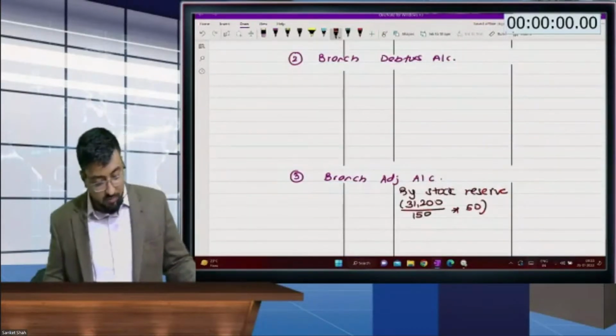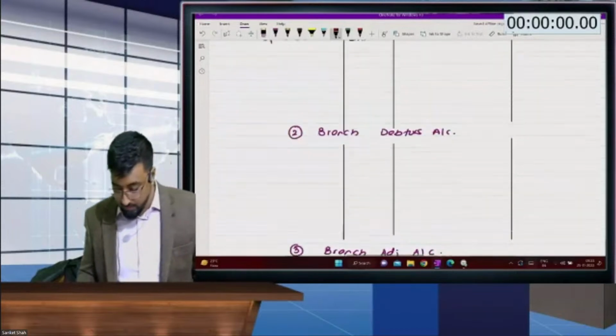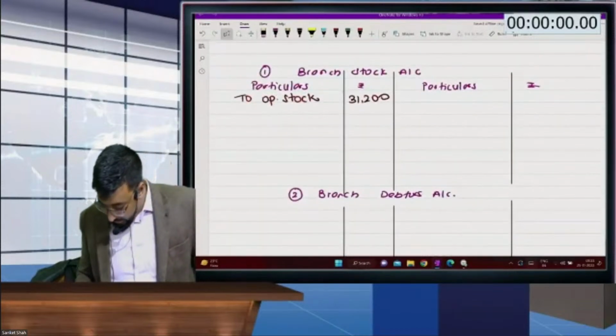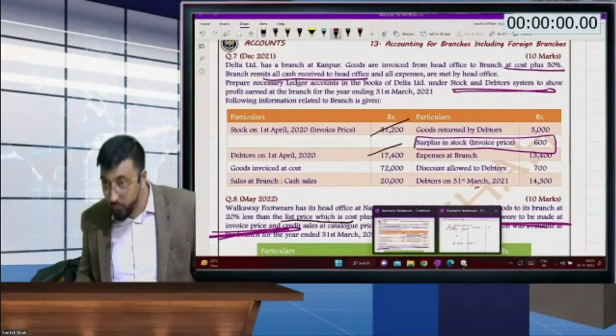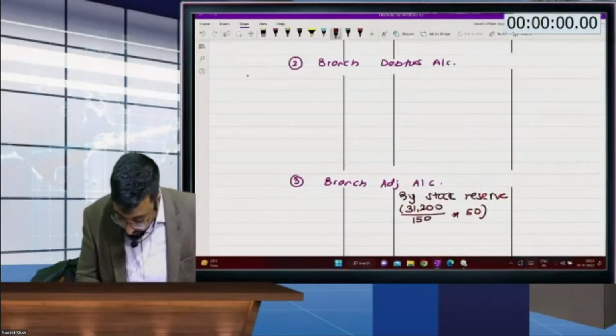Equation is cost plus 50%. Then to debtors, to balance brought down 17,400.